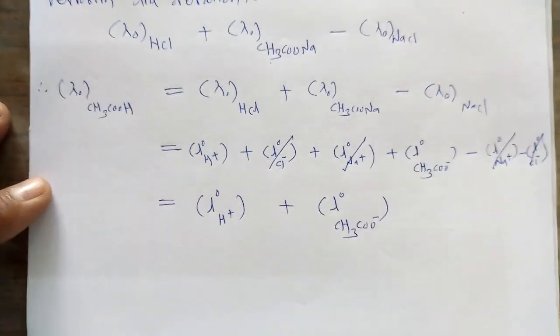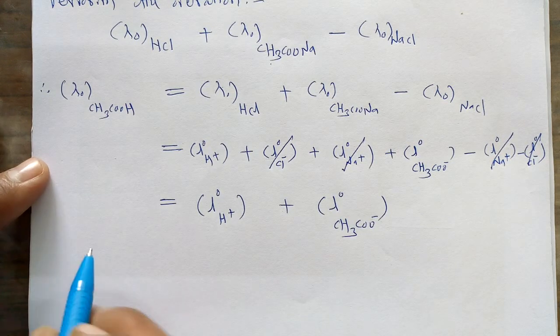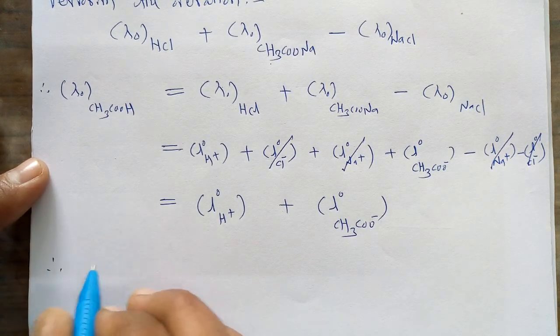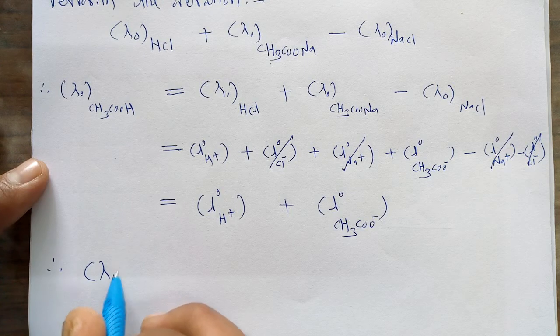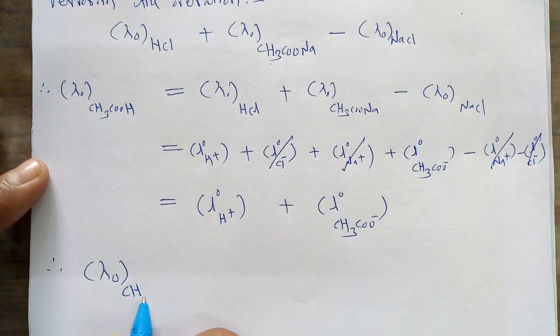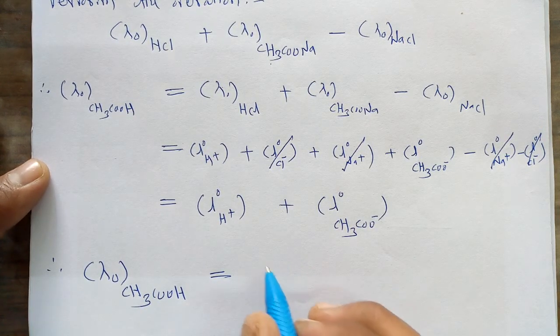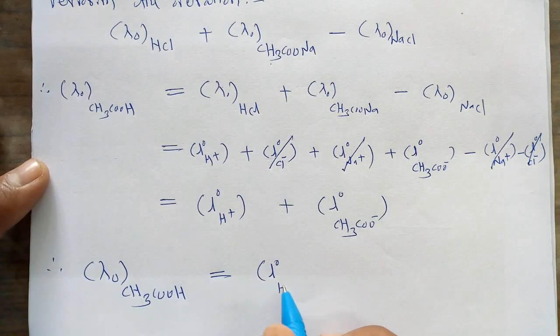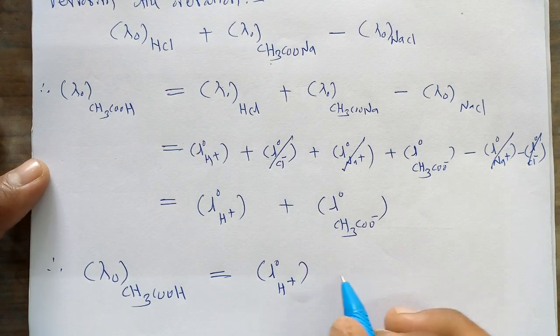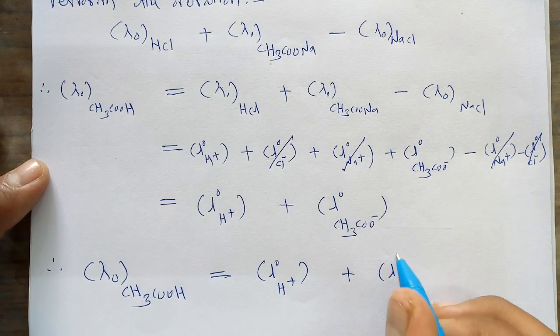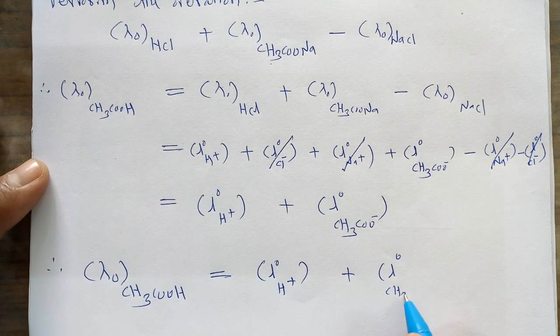Therefore we can say that lambda 0 for acetic acid is nothing but the summation of the equivalent ionic conductance of H plus as well as the equivalent ionic conductance of the acetate anion, CH3COO minus.